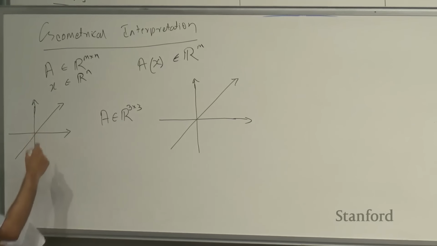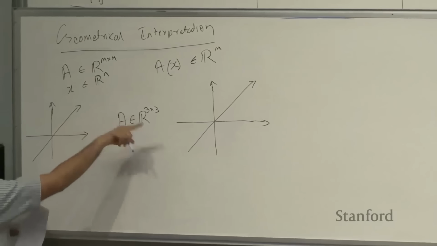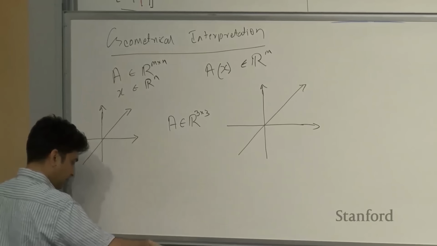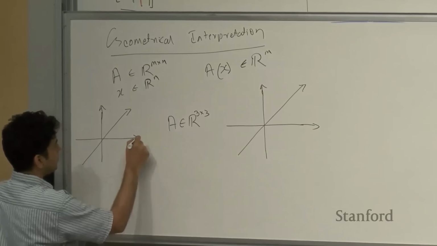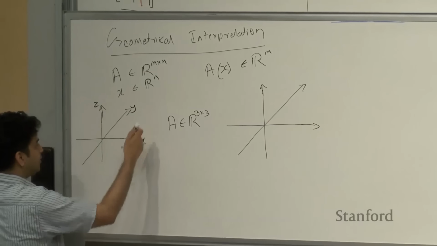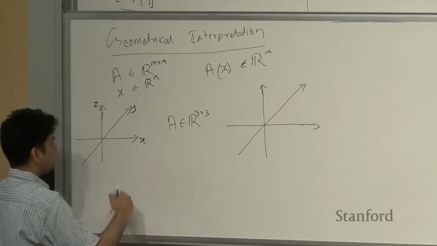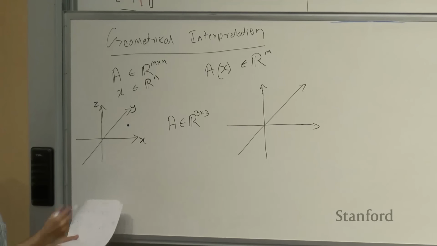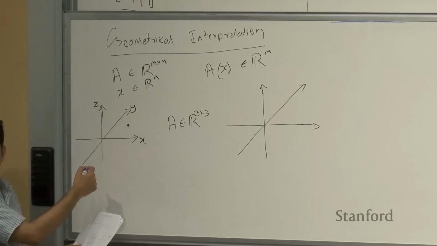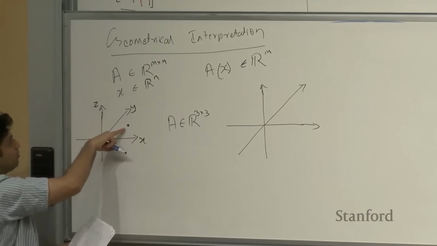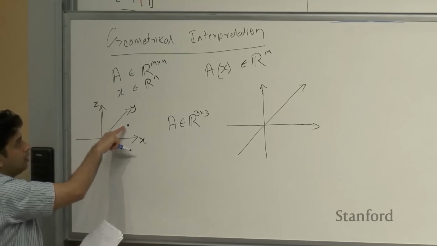So assume this is the A which does the multiplication, and let's call these the x-axis, y-axis, z-axis. A is 3 by 3, and this is some x. It lives in a three-dimensional space, and it has a column representation, right?